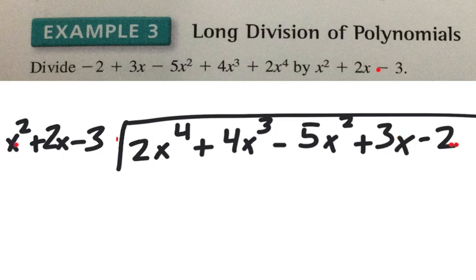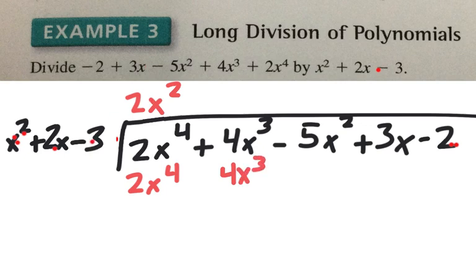So I'm going to look at my leading term, which is x squared. I want it to cancel with 2x to the 4th. So x squared times what is 2x to the 4th? That would be 2x squared. And now we're going to multiply. 2x squared times x squared is 2x to the 4th. 2x squared times 2x is going to be 4x cubed.